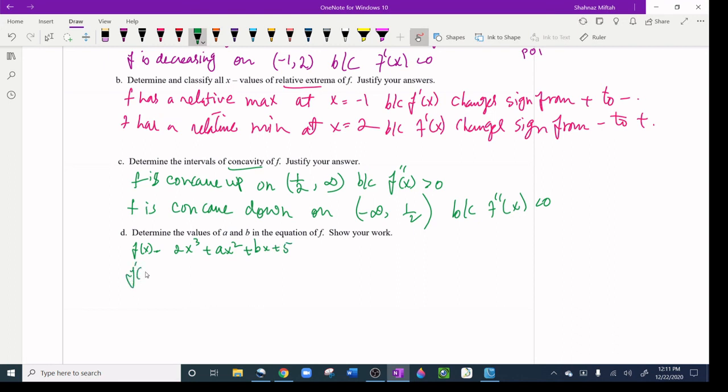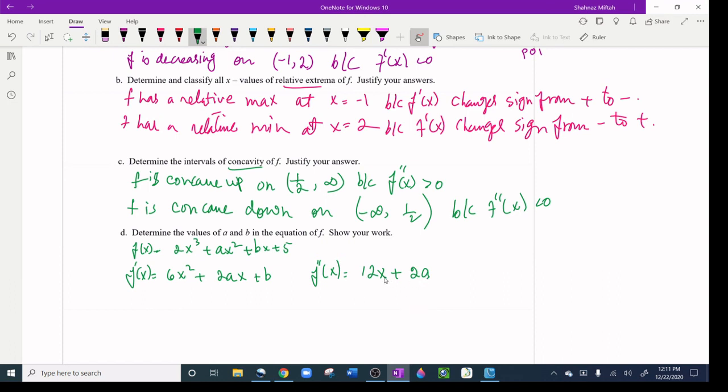The derivative, f prime x, gives me 6x squared plus 2ax plus b. If I take a second derivative, it goes smaller: 12x plus 2a, and that's it.